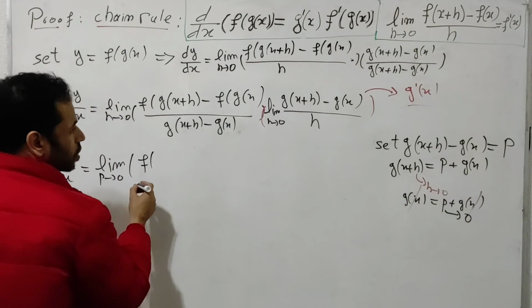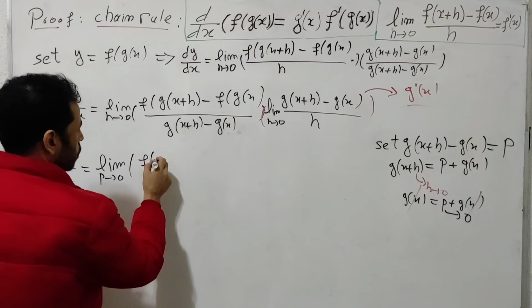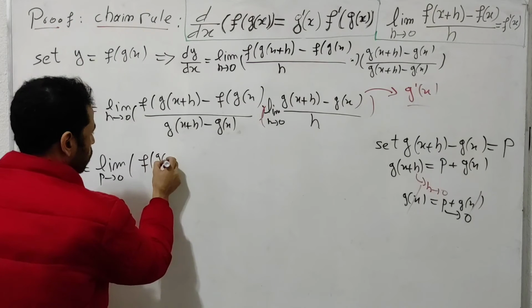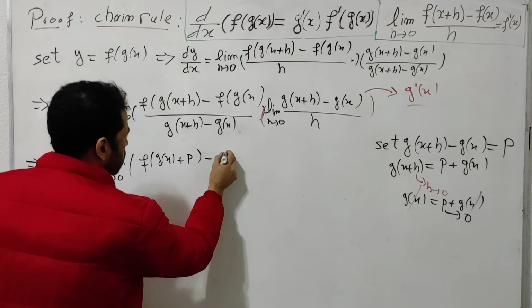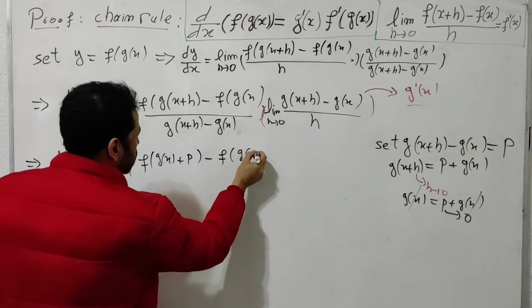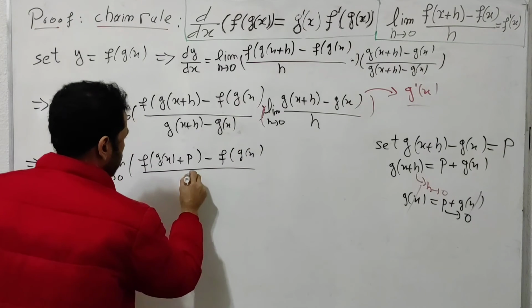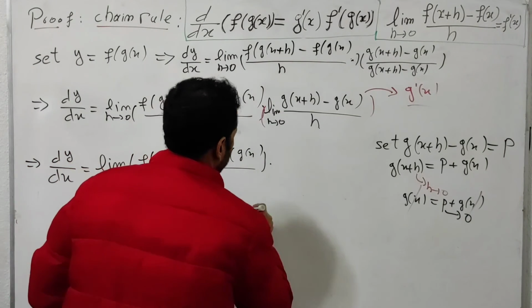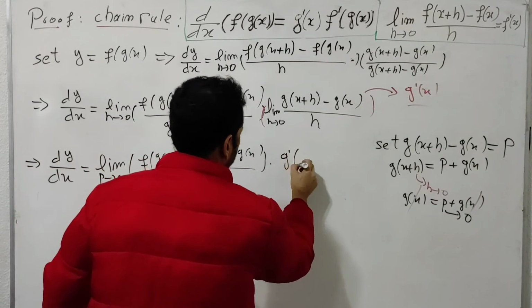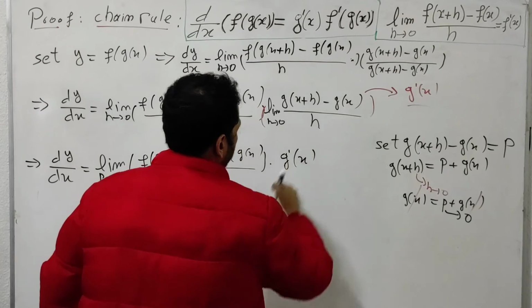I will get f of g of x plus p minus f of g of x, divided by p, multiplied by g prime of x, which we have proven before.